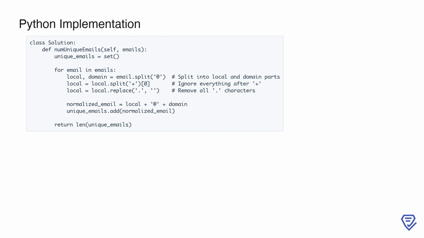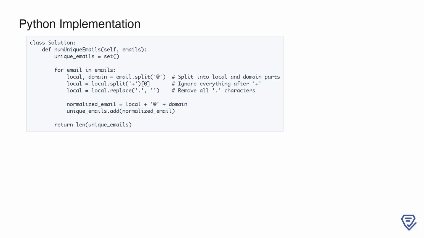The function processes the local name by splitting it at the first occurrence of the plus character and taking only the part before the plus. This removes any portion of the local name intended as user-specific comments. Additionally, all dot characters are removed from the local name using the replace dot method. Once the local name is normalized, it is concatenated with the domain name using the @ symbol to form the normalized email address.